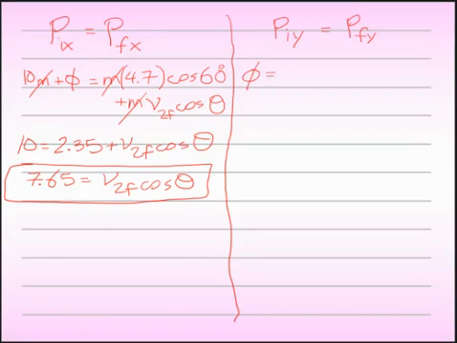This becomes a sine. This becomes a sine. This stays as positive. This becomes negative: minus m 4.7 sine of 60 plus m v2f sine of theta. What cancels yet again? Mass. Even though there's no mass here, it is absorbed into the 0.